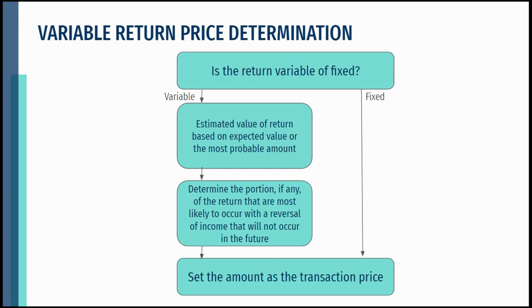Then, we determine the portion, if any, of the return or reward that is most likely to occur without a reversal of income in the future. From that portion, we may set the amount as the transaction price. If it is a fixed return or reward from the start, we may set the amount as the transaction price.